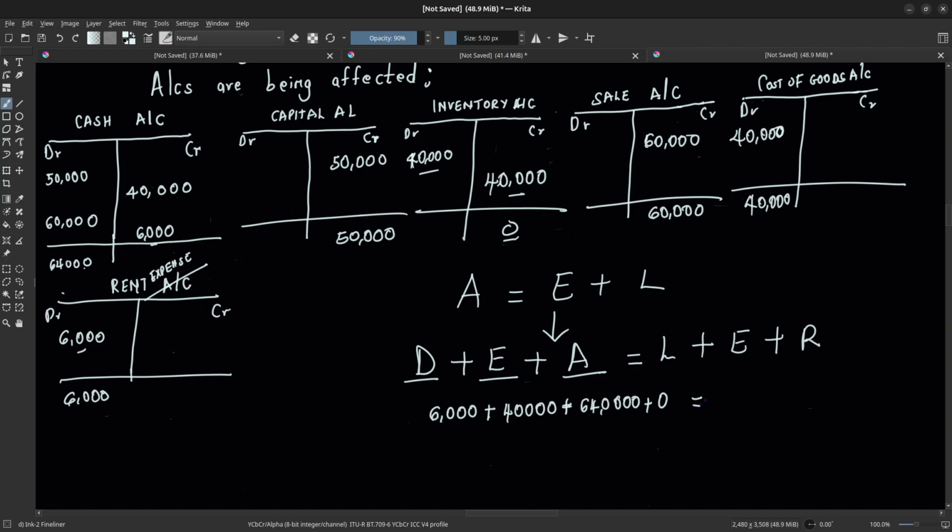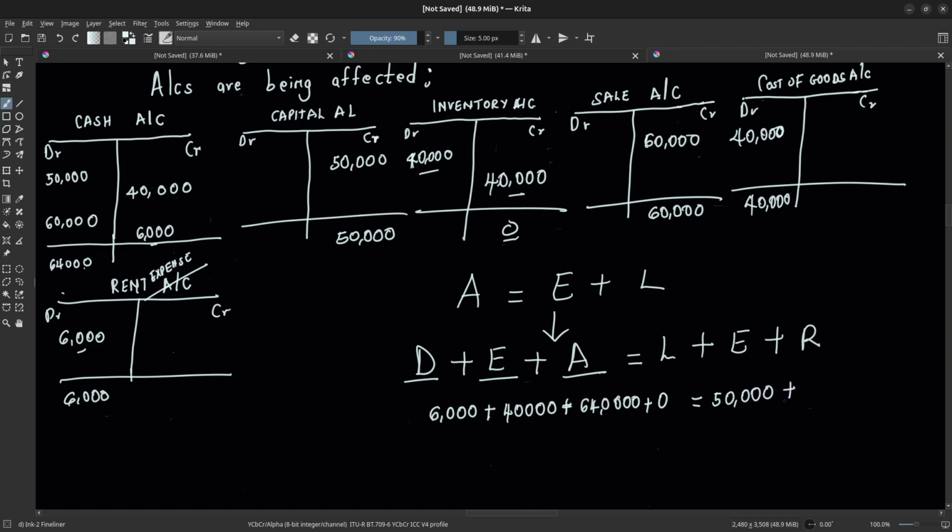Let us look at the other side of the accounting equation. Do we have any liability so far? No, there is no money that we owe to a third party. Do we have equity? Yes, we have a capital account which has a balance of 50,000.